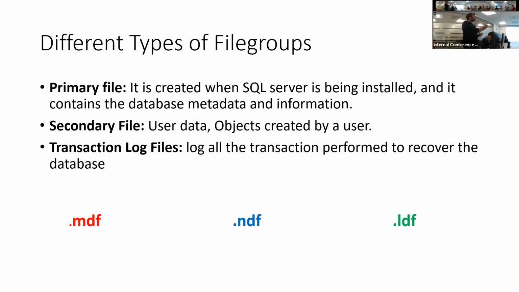So if you have SQL Server installed on your local computer, you can go and look into your database, and you'll see there is always a .mdf file because that's the primary, and there's always a .ldf file, which is the transaction log. But for .ndf files to be there, you have to create additional file groups.